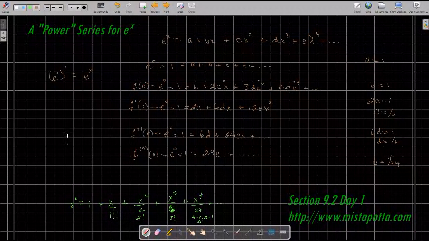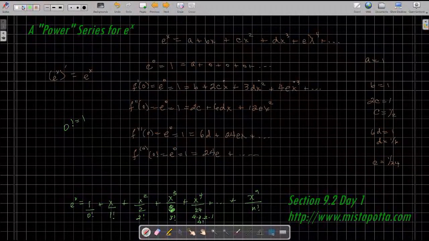And what we remember from our pre-calc class is that 0 factorial is equal to 1. So this is really over 0 factorial. So my generic term would be x to the n over n factorial.